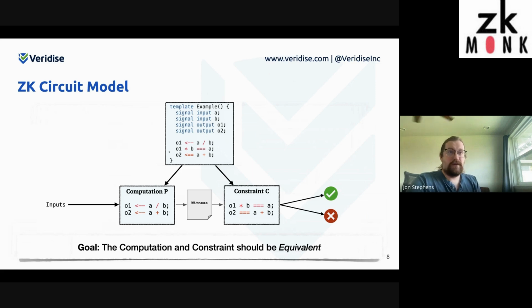Instead, they can accept any value which meets those constraints. And so this is where the issue lies, where people basically expect that the constraints will only accept this deterministic computation, which they define within that ZK circuit. However, it doesn't. It will accept any computation which meets those constraints.